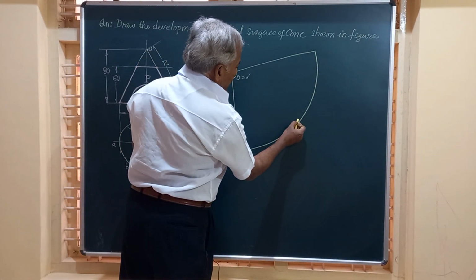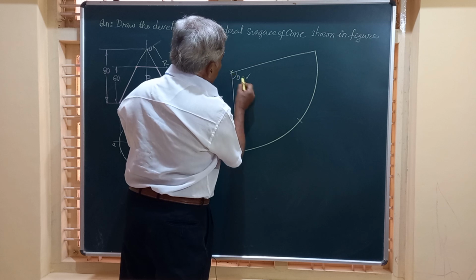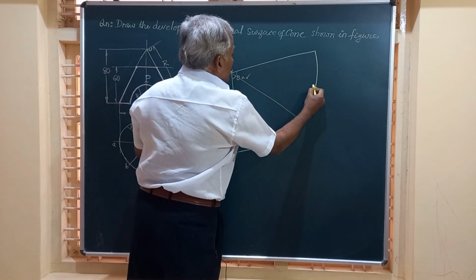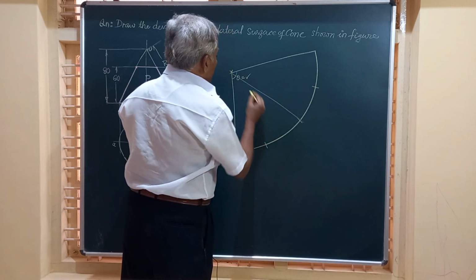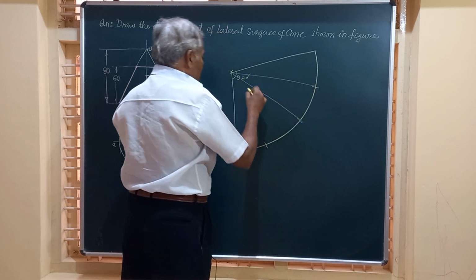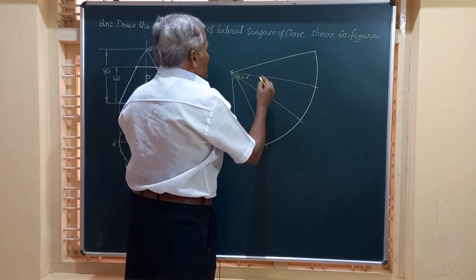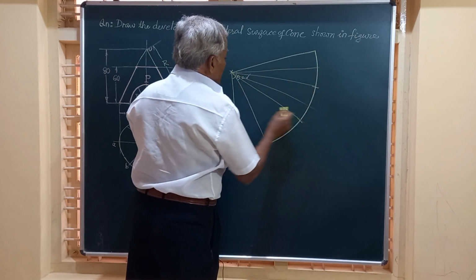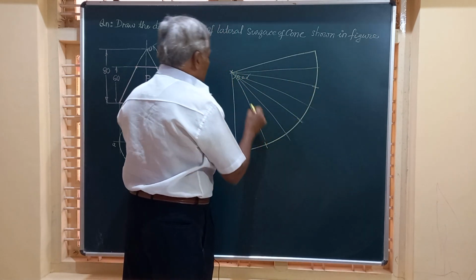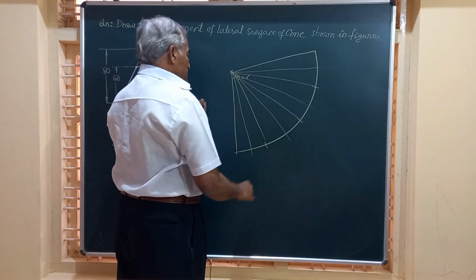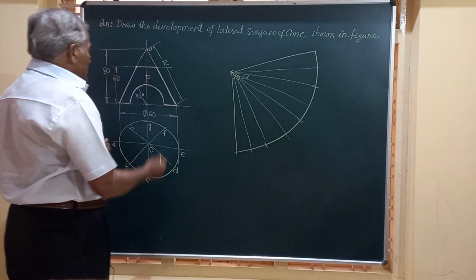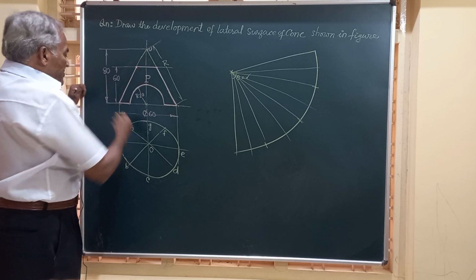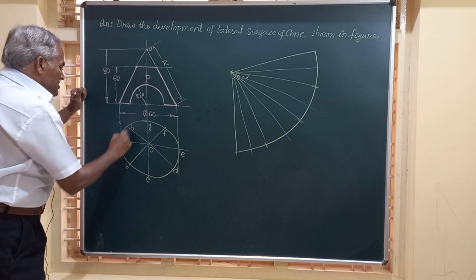Friends, now we have divided the circle into 8 equal parts. So also this sector having theta will be divided into 8 equal parts. Now this is divided into 4 equal parts. Further divide each of these into 2 equal parts by the bisection of that angle. And friends, we will name the front view by projecting all these points.